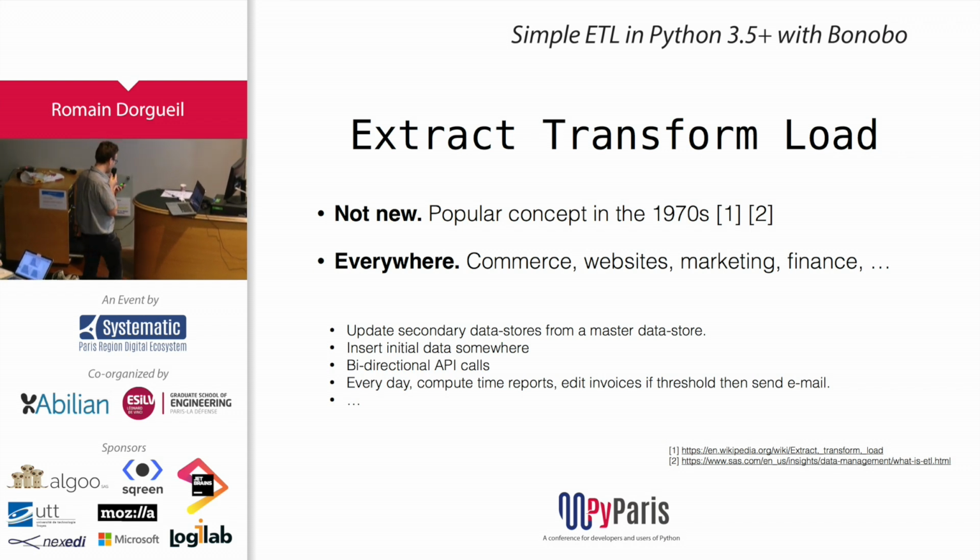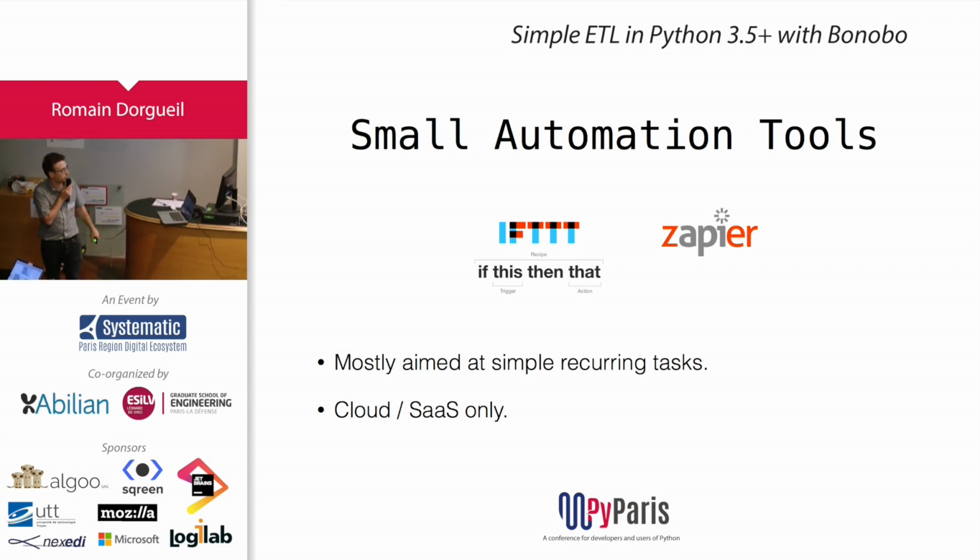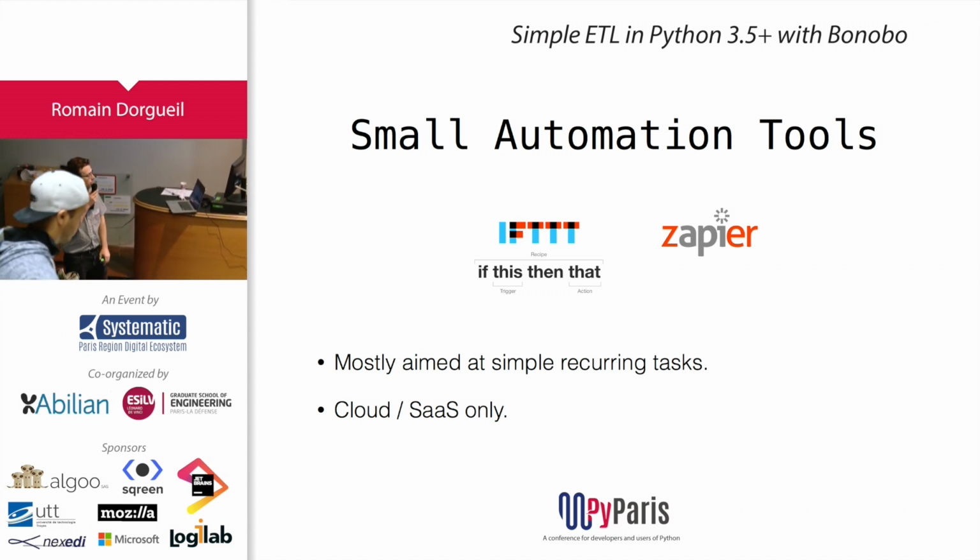So first, smaller than ETL, you have things like small automation tools. Probably a lot of you have used or heard about IFTTT or Zapier, which are 2 great services. Those services are really useful if you have really simple tasks to automate, like follow back any person that follows you on Twitter.